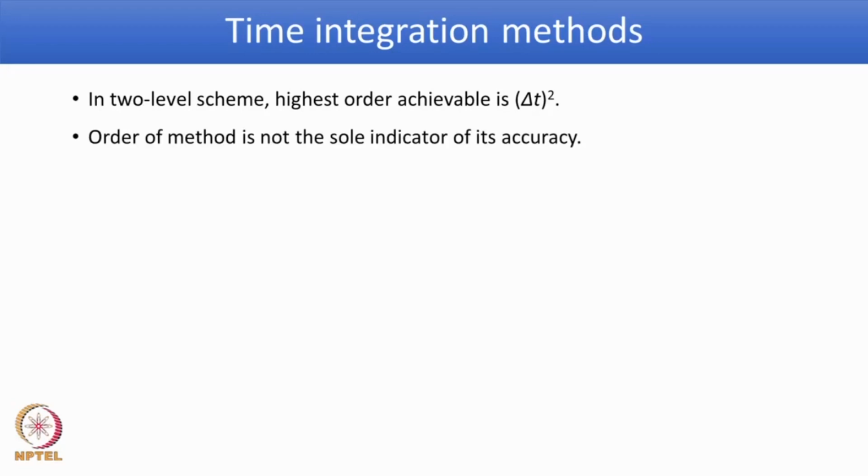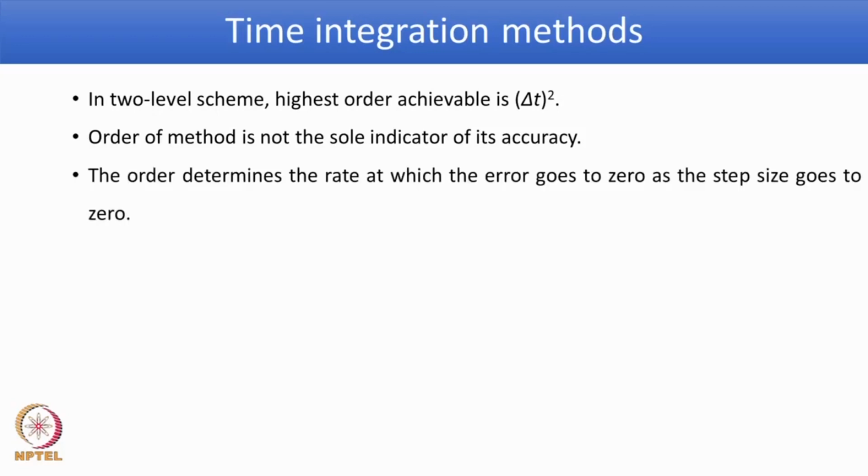The order of a method is not the sole indicator of its accuracy. The order only determines the rate at which the error goes to 0 as the step size goes to 0. So, if you decrease the delta t, and we have already seen in the results, if you have a very high delta t, the performance by the explicit scheme is poor, but the same explicit scheme performs better if you reduce the delta t.